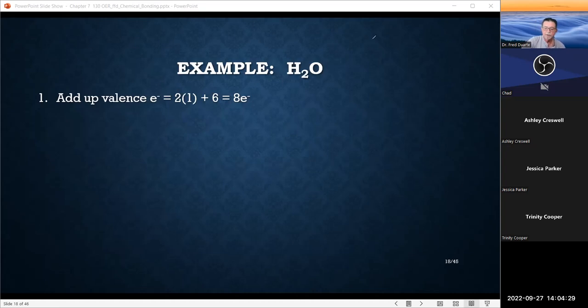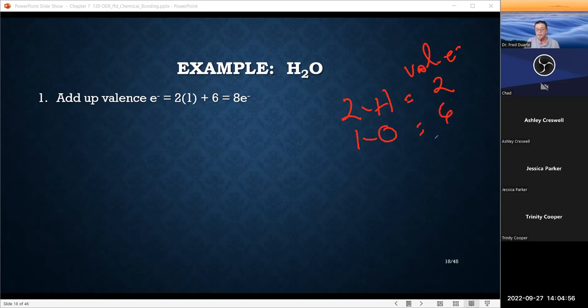An example here would be water, H2O. Okay, so we have 2 hydrogens and 1 oxygen, right? Hydrogens each bring 1 valence electron. So 2 of them are coming from both the hydrogens, and then oxygen is in group 6, so it brings 6 valence electrons, so it gives us a total of 8.